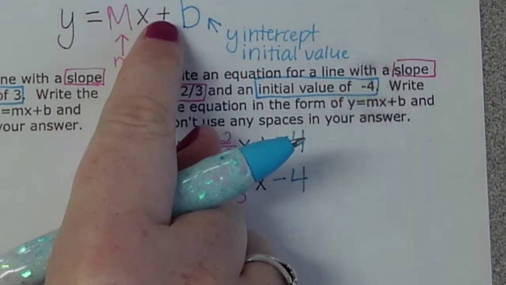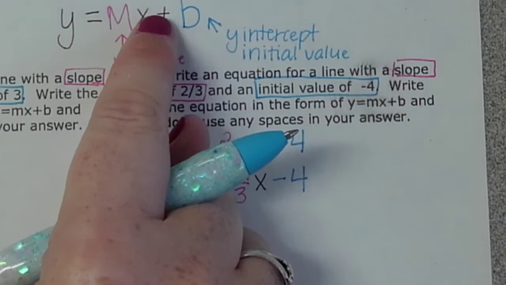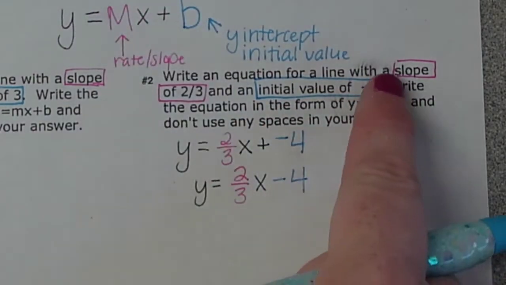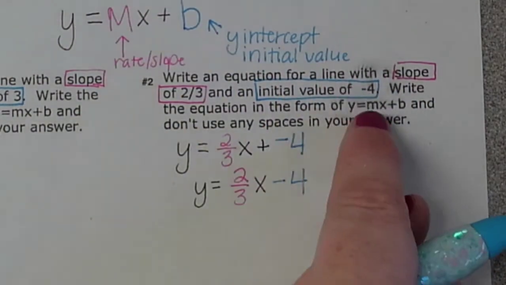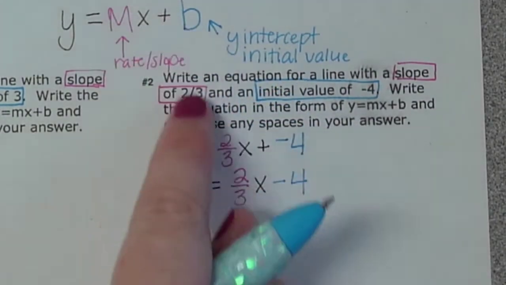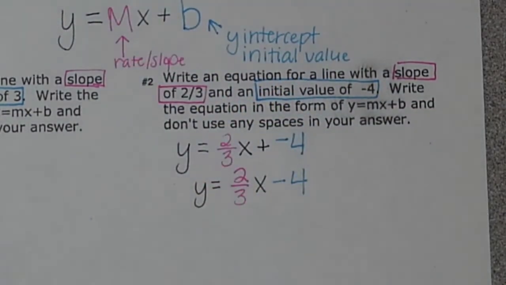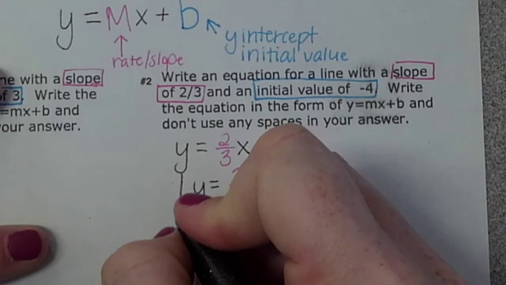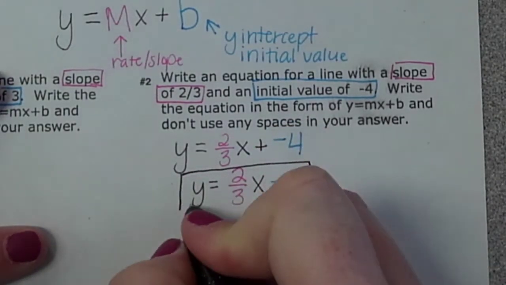So really, this sign is a plus or minus based on what the initial value is. If your initial value is -4, then you're going to put -4 at the end. So this would be our equation.